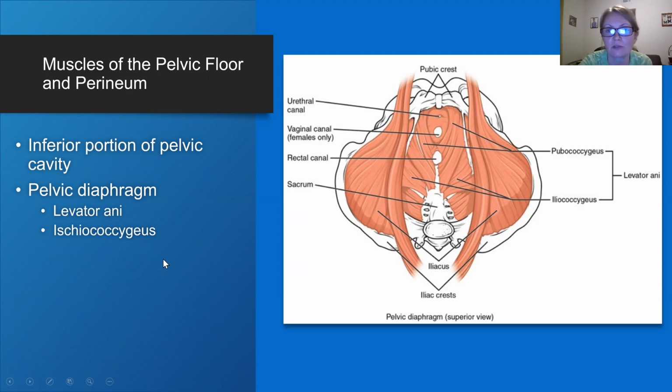So here you see our levator ani muscle, right there: iliococcygeus muscles, and then you have pubococcygeus.